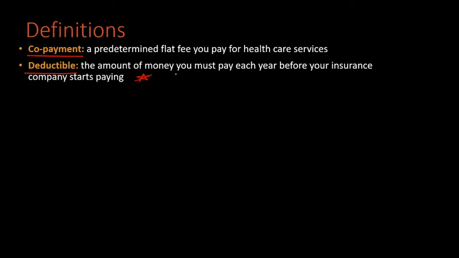But for other things, like if I had to get a particular procedure done, there's going to be a deductible, and it's usually depending on how sophisticated of an insurance plan it is. The deductible could be a couple hundred dollars, it could be a couple thousand dollars, and you pick plans based on what you know about your own health, and we won't get into that.